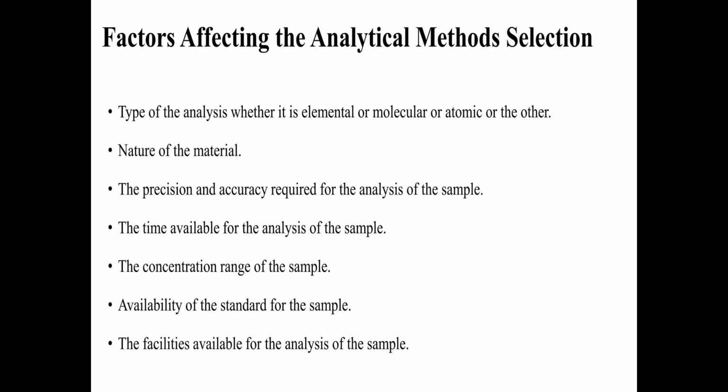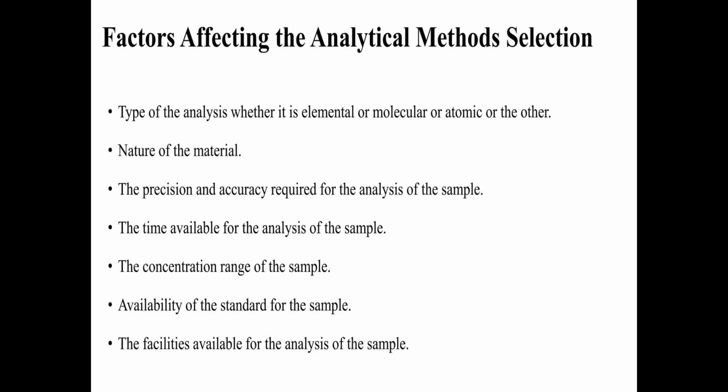The first is the type of analysis, whether it is elemental, molecular, atomic, or other. That is, whether we use an element for the analysis, a whole molecule, or a particular atom at its basic level.